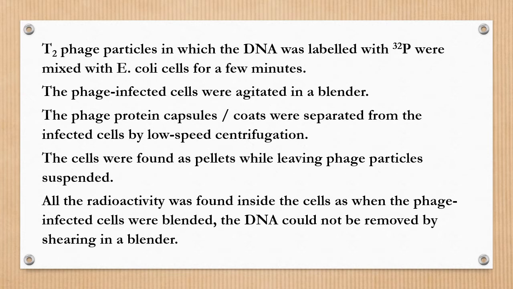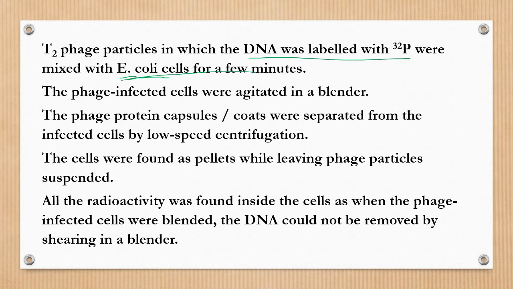The bacteriophage T2 particle in which the DNA was labeled with radioactive phosphorus, grown in the radioactive phosphorus medium, is mixed with Escherichia coli cells for a few minutes. What happens in those few minutes? The bacteriophage infects the Escherichia coli.